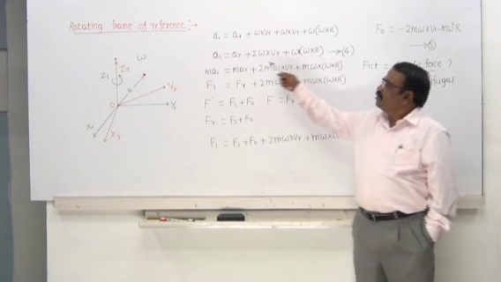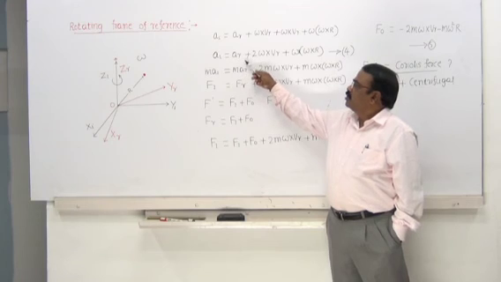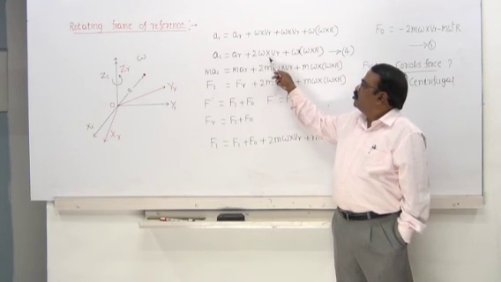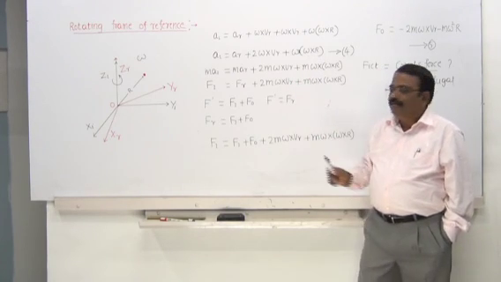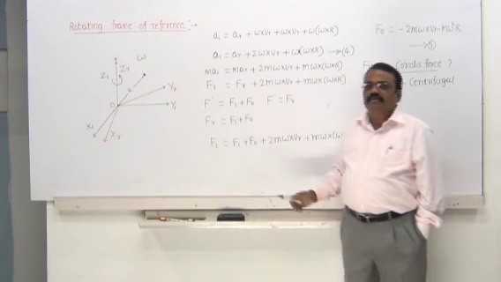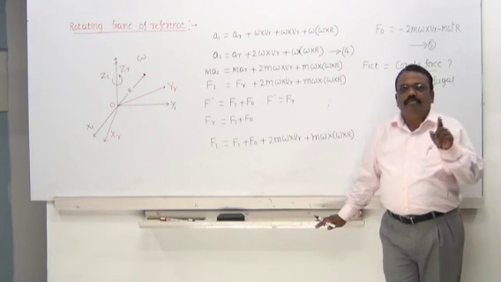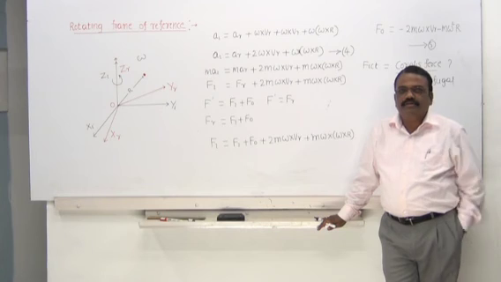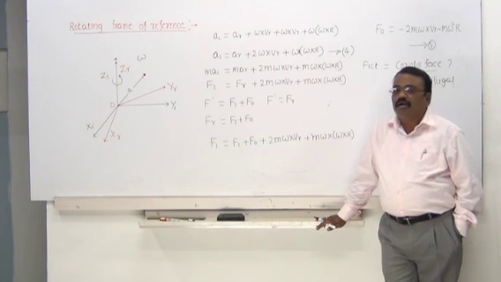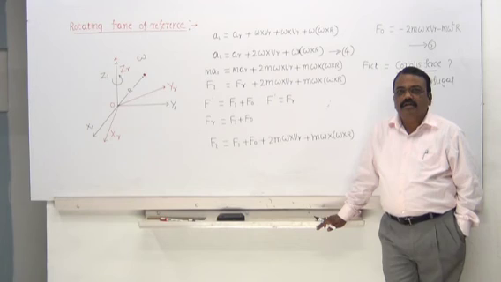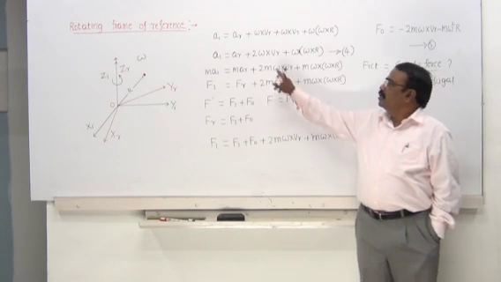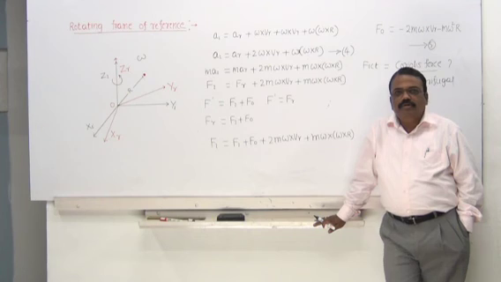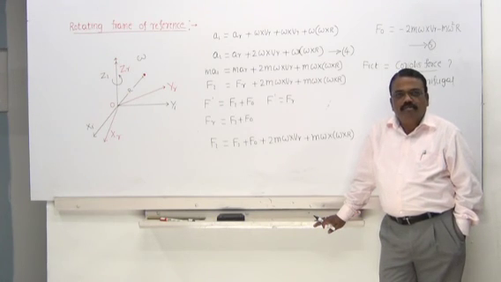In equation 4, AI is equal to AR plus 2 omega into VR plus omega into omega R. Here AI is acceleration of a particle in the inertial frame of reference. AR is acceleration of a particle in the rotating frame of reference, which is non-inertial. 2 omega into VR is Coriolis acceleration. Coriolis is the name of the scientist.